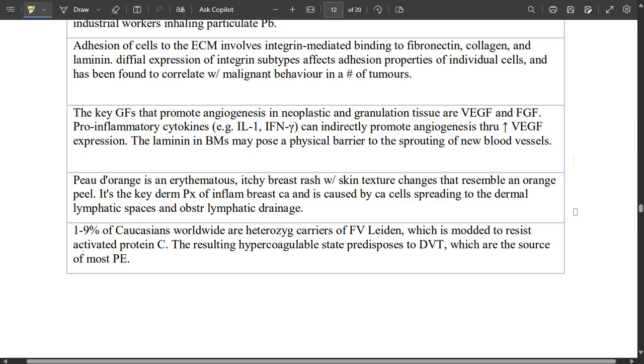The tissues where the cancer cells are present have high blood flow because of the interleukins or interferon-gamma, the pro-inflammatory cytokines that promote angiogenesis through increased VEGF expression.